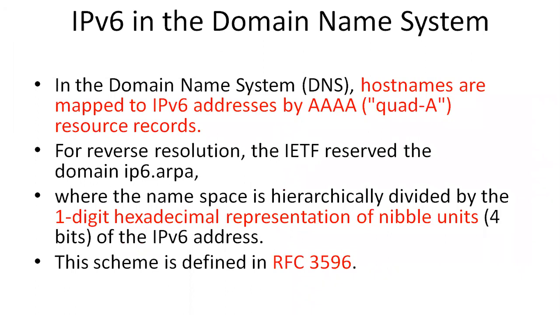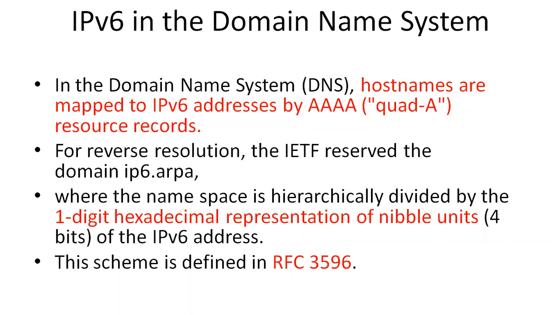In this way, in IP version 6 also, you will use the domain name system. In the previous section, you discussed the domain name system. What is the domain name system? The host names are mapped to the IP addresses by quad A resource records, that is, in order to convert the host names into IP addresses.